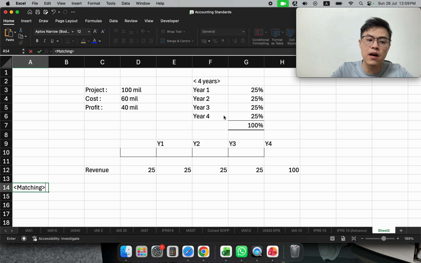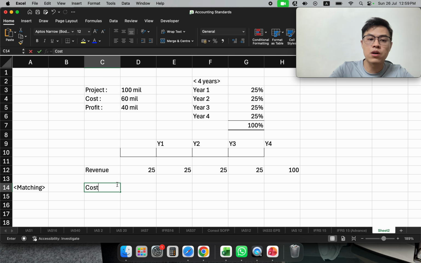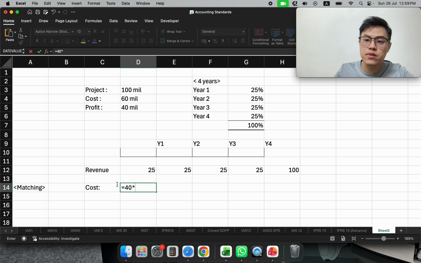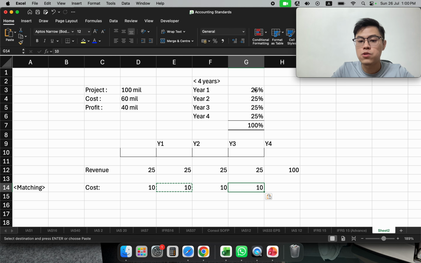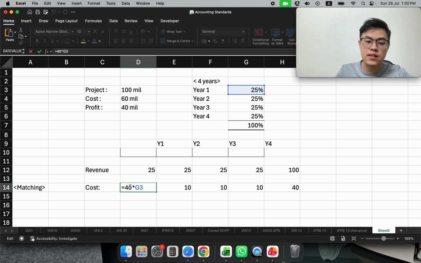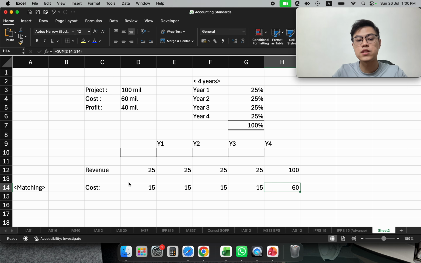The matching concept tells us that in the same proportions as what we recognize in revenue, for our cost we are going to use 60 million times 25%. Likewise, the others are also the same. At the end, we will fully recognize the 60 million cost. Therefore, we have fully recognized everything.